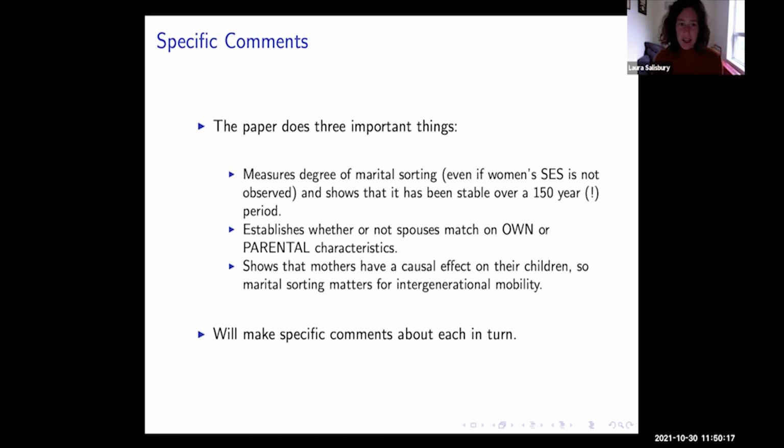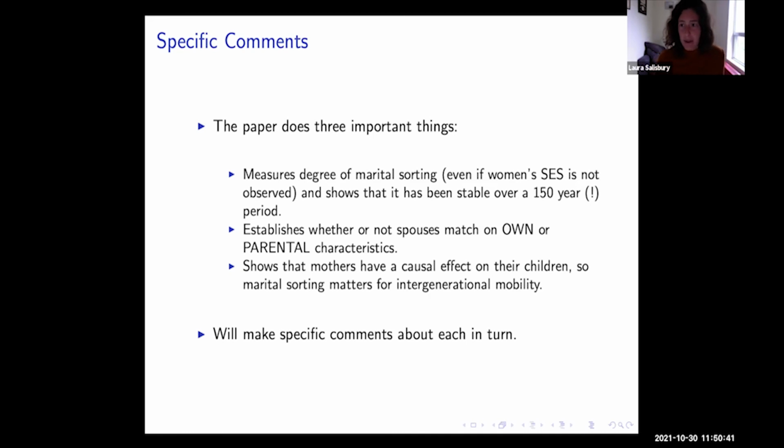First, it measures the degree of marital sorting, even without direct observations of women's human capital, and shows that this has been more or less stable over a 150-year period. The second thing the paper does is try to establish whether spouses match on their own characteristics or their parents' characteristics.